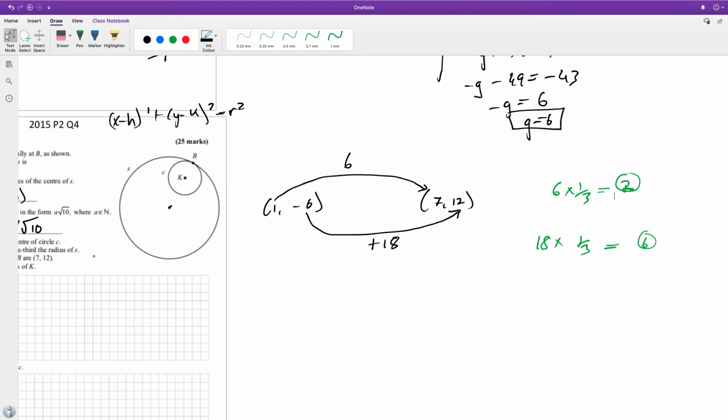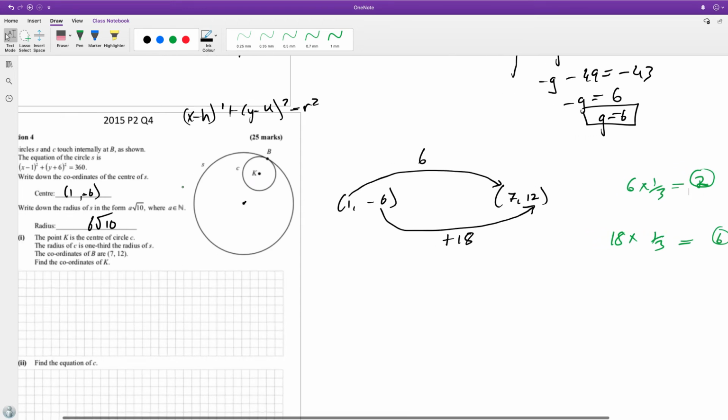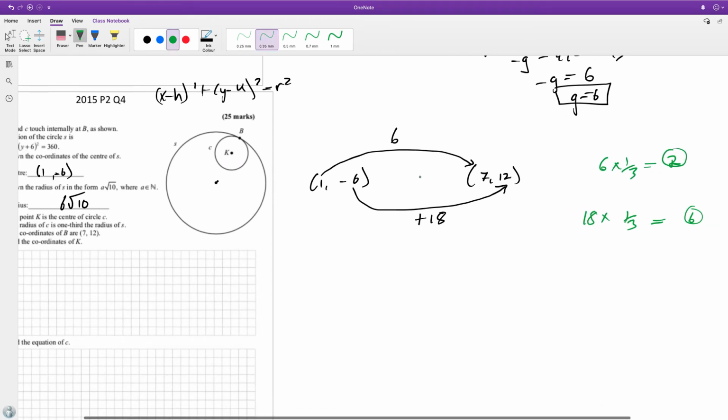Now, we're not going from here in, we're going from here back. For y, it goes up 18 spots to get to there, and it goes across 6 spots, but we're going back 2 and down 6.